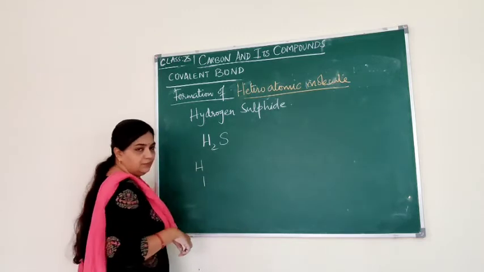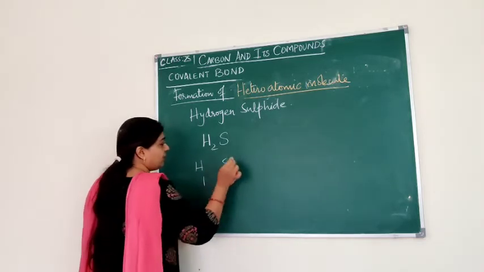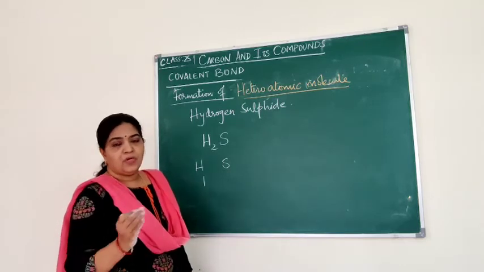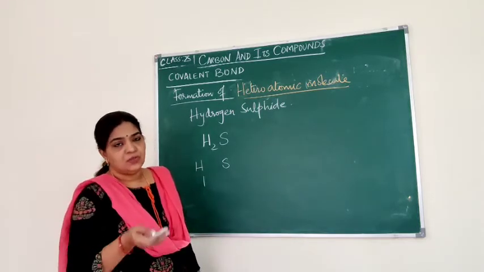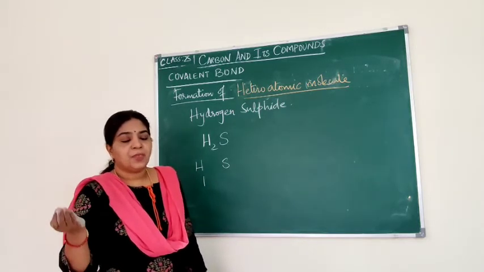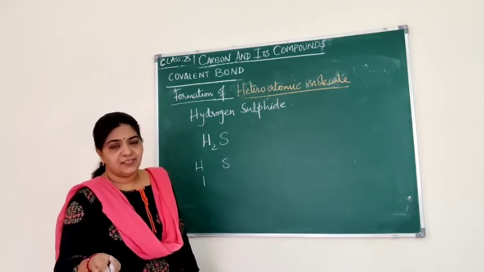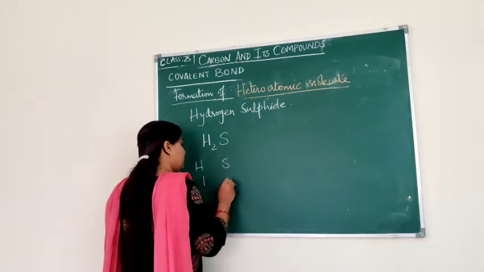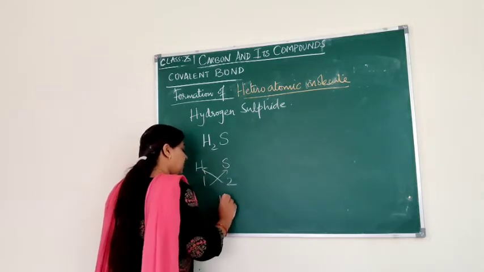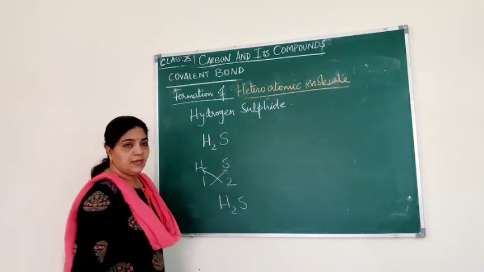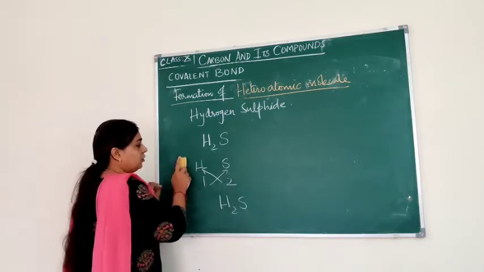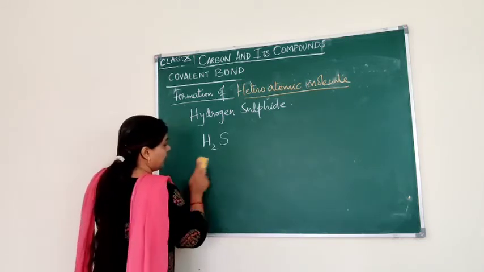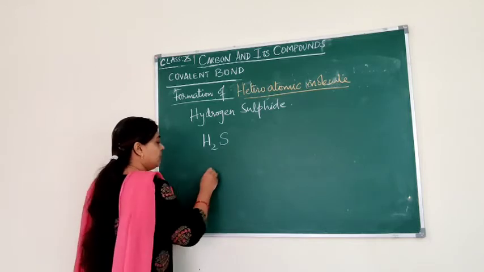Hydrogen valency is 1. What is the atomic number of sulfur? 16. So the outermost valence electron is 6, right? It needs 2, so the valency is 2. When you cross and multiply, you get H2S. So that's the formula for hydrogen sulfide. Now let us represent.